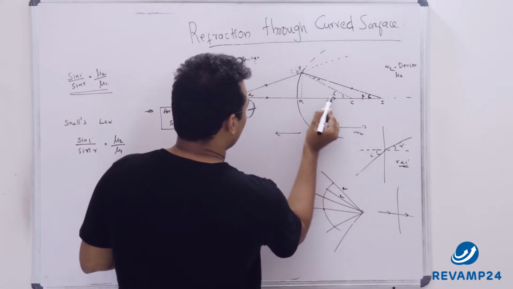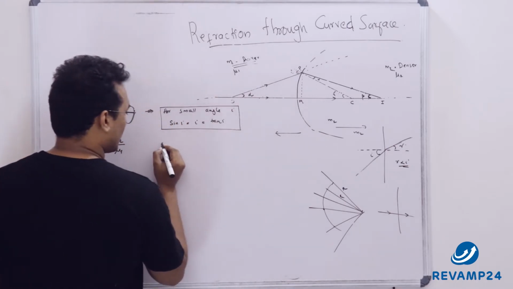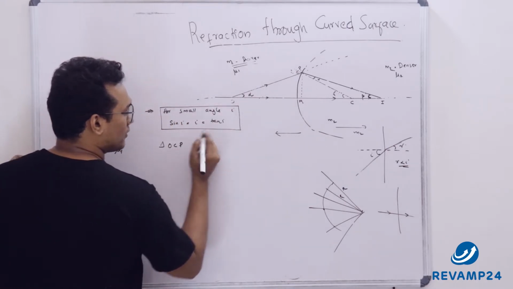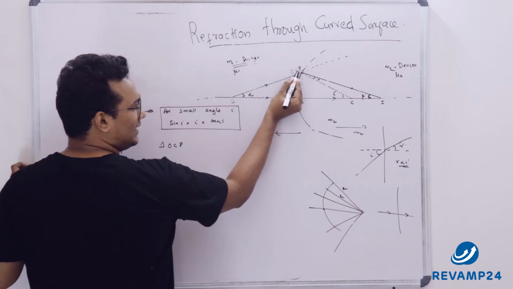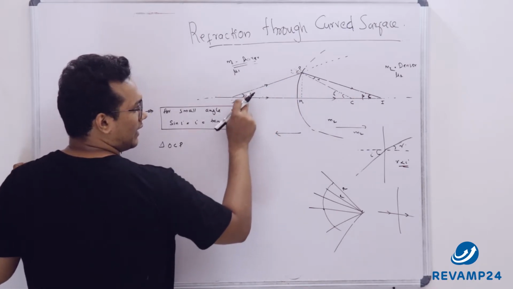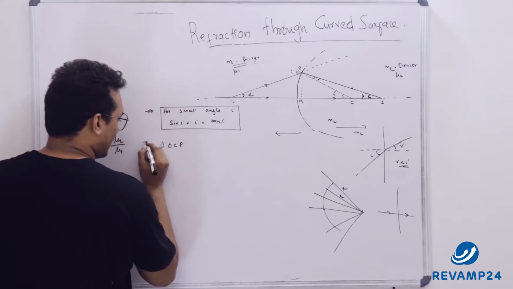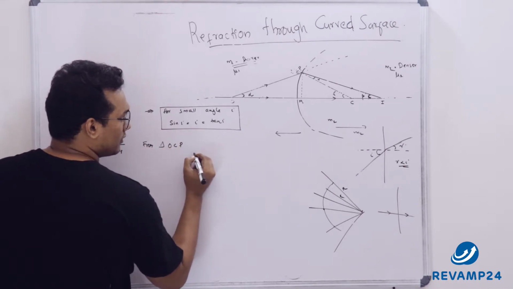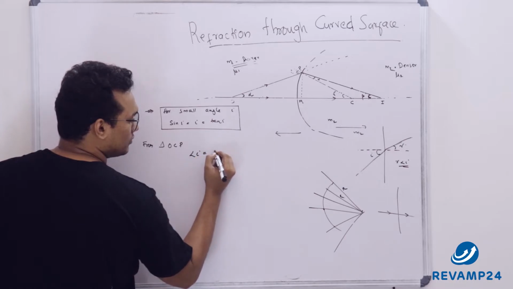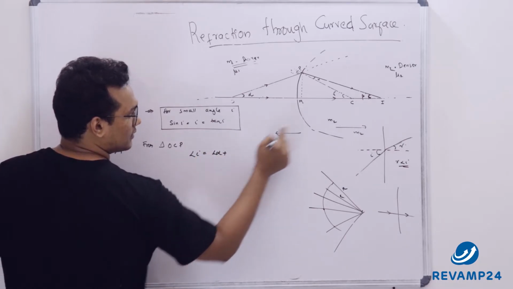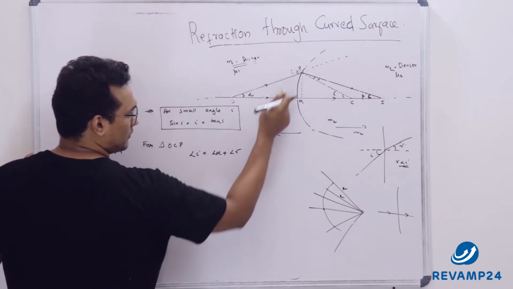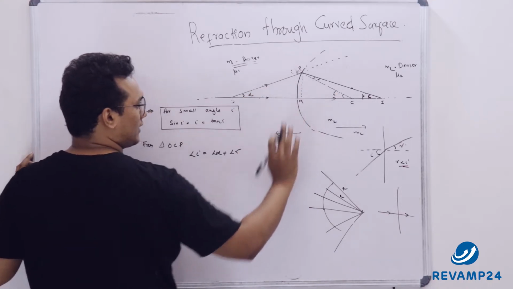Just consider this triangle, triangle OCP. I is an exterior angle, right? And alpha and gamma are interior angles. So from triangle OCP, angle I is equal to angle alpha plus angle gamma. Exterior angle is equal to the sum of interior angles.